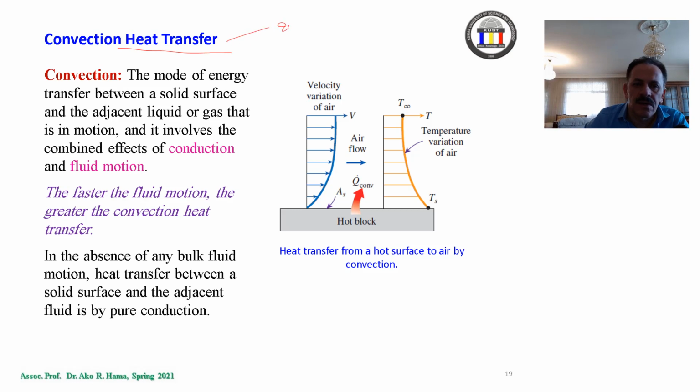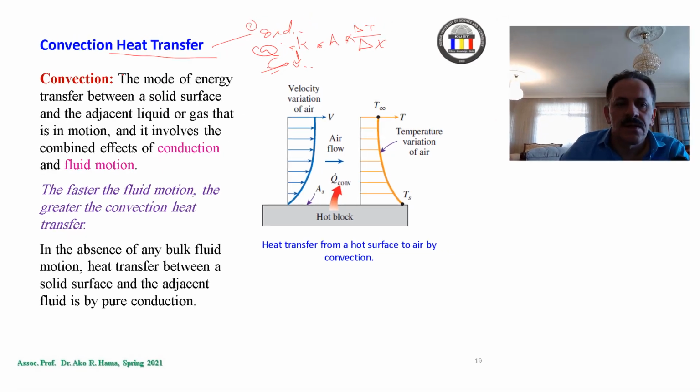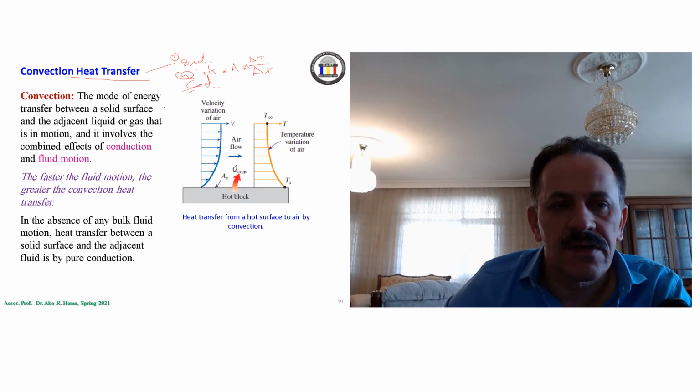Conduction is delta T over delta X times area times conductivity, the amount of heat transfer due to conduction. Now we have another thing that is called convection. So how much is the heat transfer due to convection?